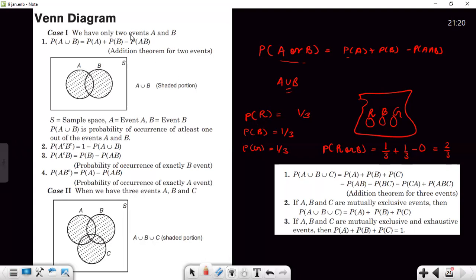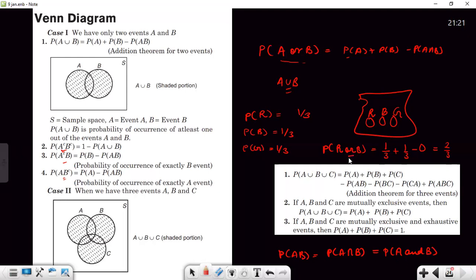Here C means complement, and whenever alphabets are written together, like probability of AB, it means probability of A intersection B, the probability that event A and event B happen simultaneously, and both of them should occur.